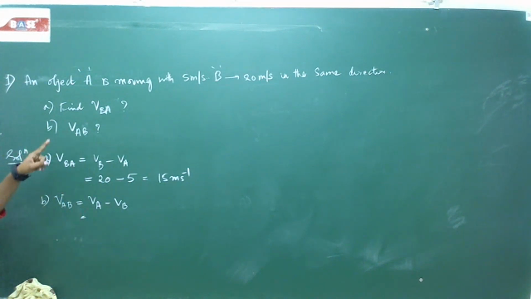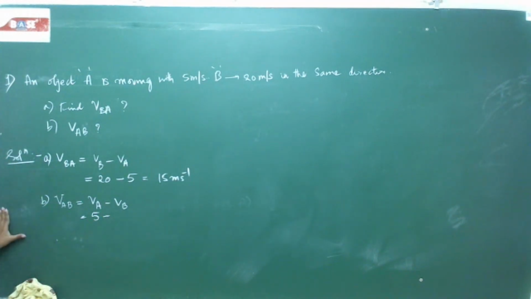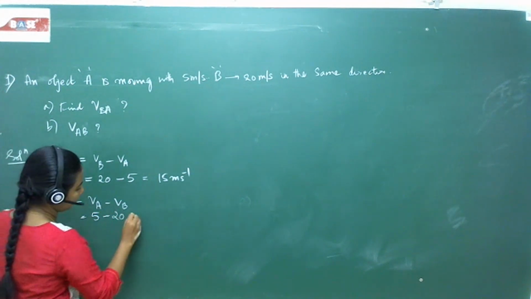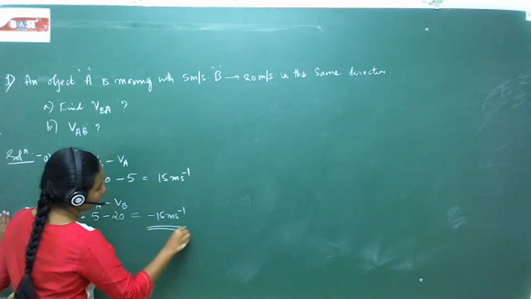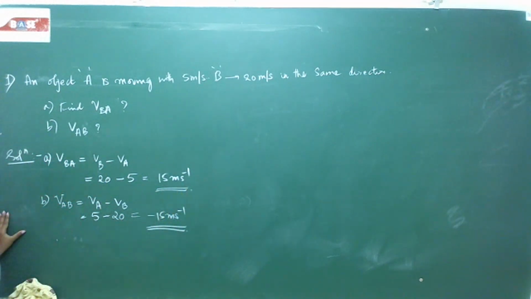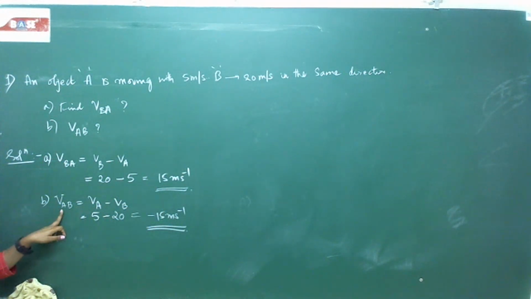VA is nothing but 5 minus VB, which is 20. So this is minus 15 meters per second. Here the magnitude is the same, 15 and 15, but the velocity of A with respect to B is negative.